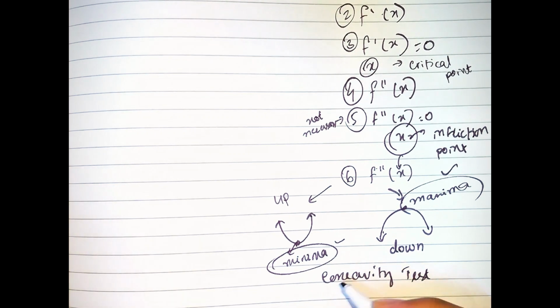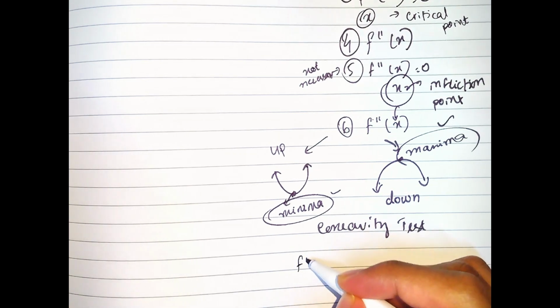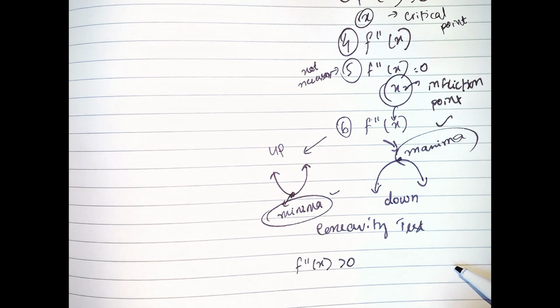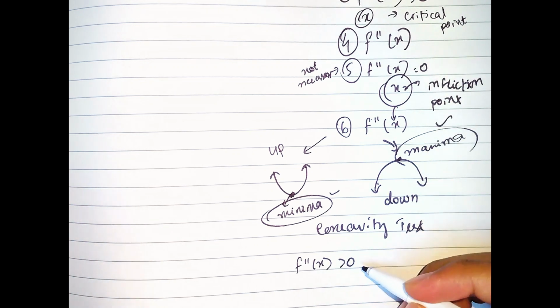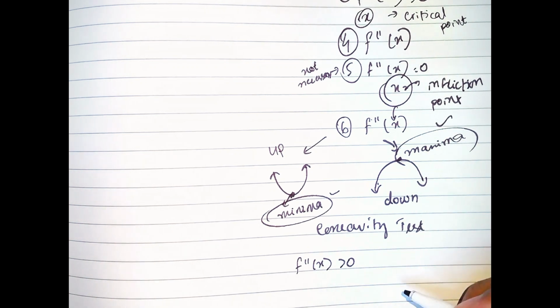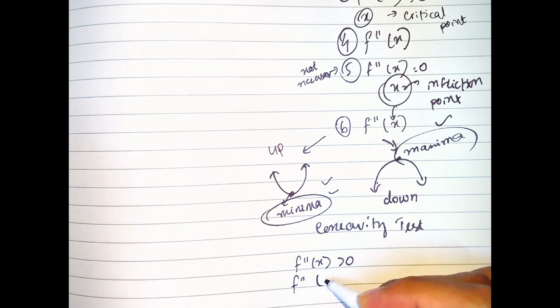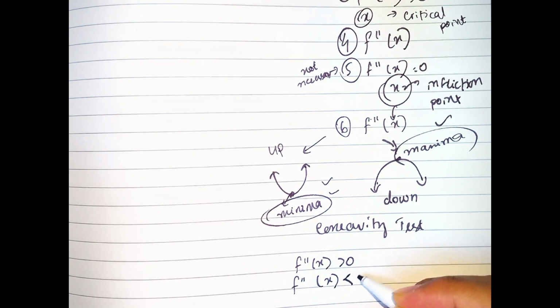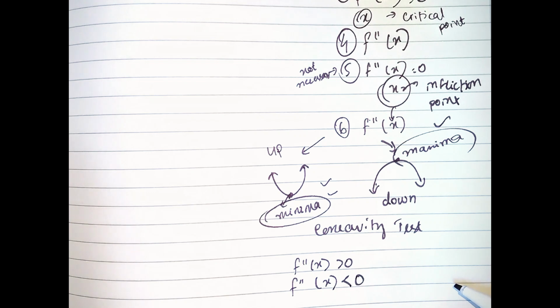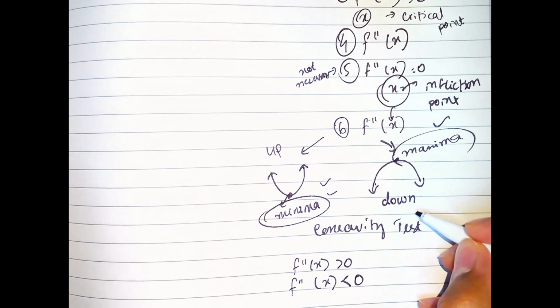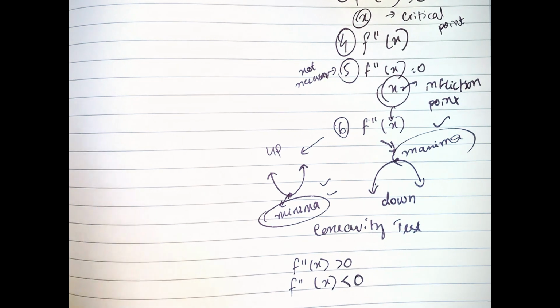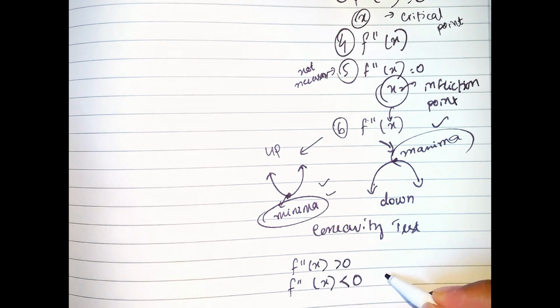Now, one more important thing. If the second derivative test is greater than 0 at, of course, the value of the critical point, the function has a minima, right? If the second derivative test at the critical point is lesser than 0, then the function has a maximum. The graph is concave down. The value for the second derivative test will be negative.